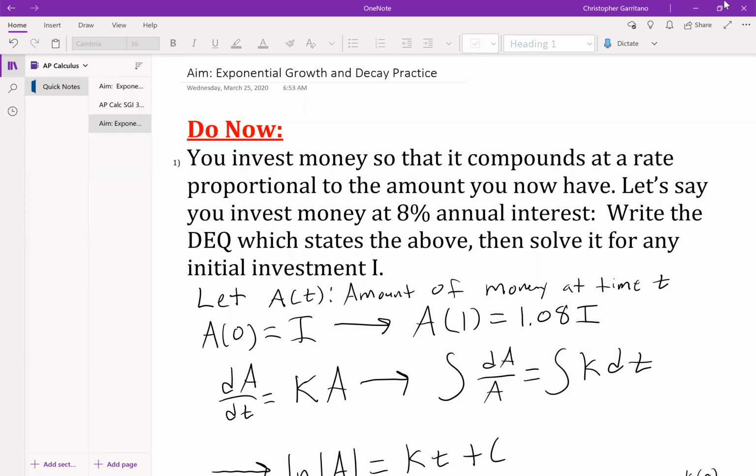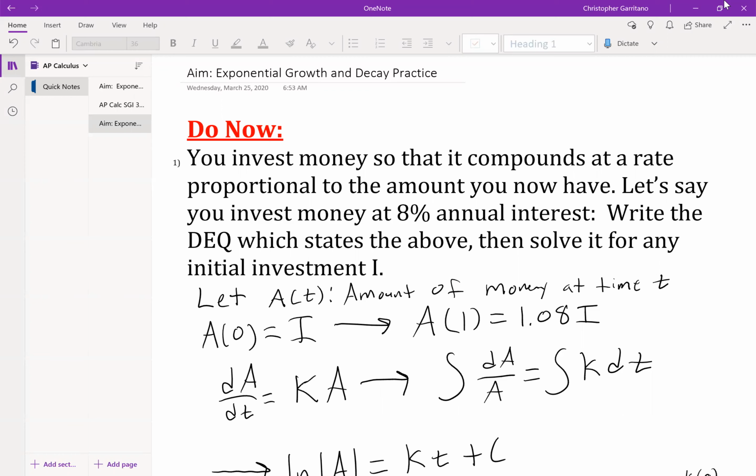Well, knowing the annual interest rate doesn't help us explicitly. So what we need to do is solve a differential equation that will allow us to find the amount of money we have in this account at any instant t. The way we do that is the following.